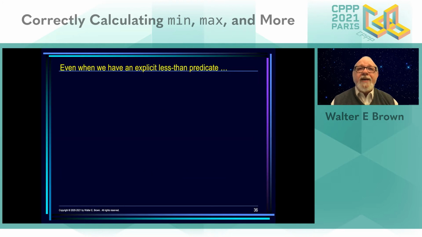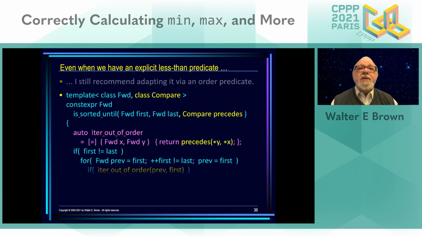Now, even when we have a version of an algorithm that takes an explicit predicate, I still recommend adapting it via what I've called an order predicate. So that version of is_sorted_until would look approximately like this.